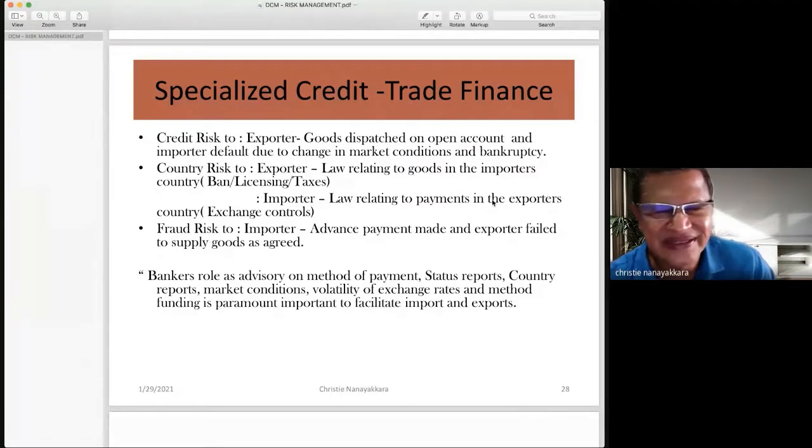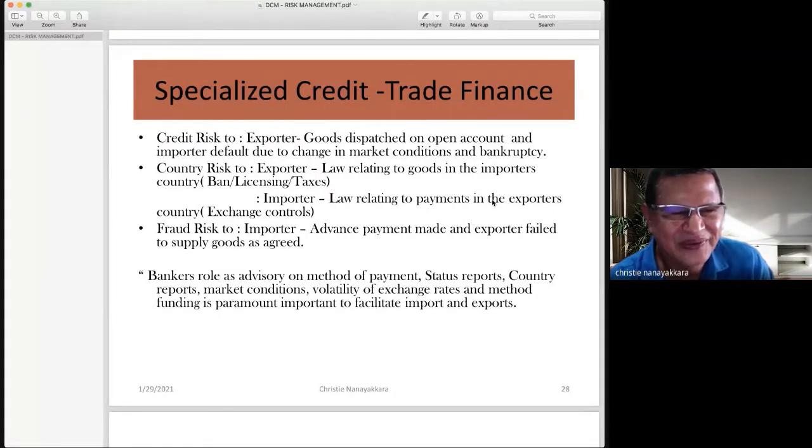Now we'll say this customer has got item motor spare parts under DP terms. Goods have come, goods are in the harbor, and the bank has got the documents. Now what happened? Our customer importer I will have to pay.